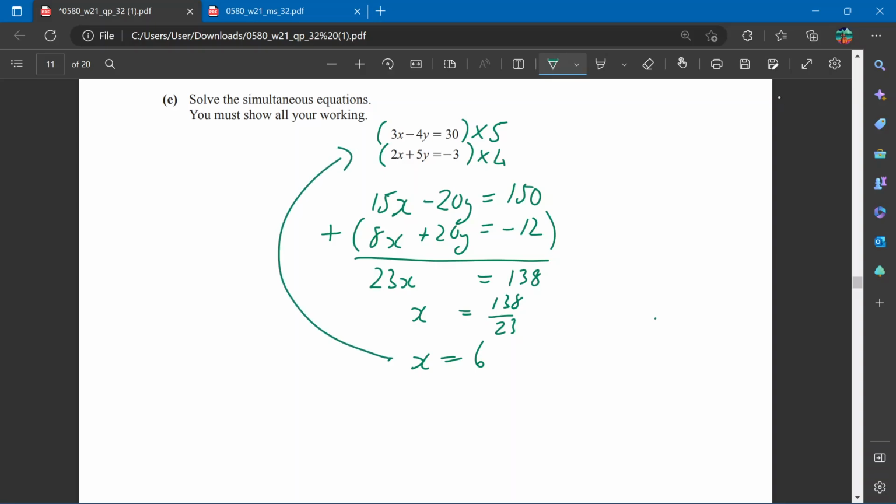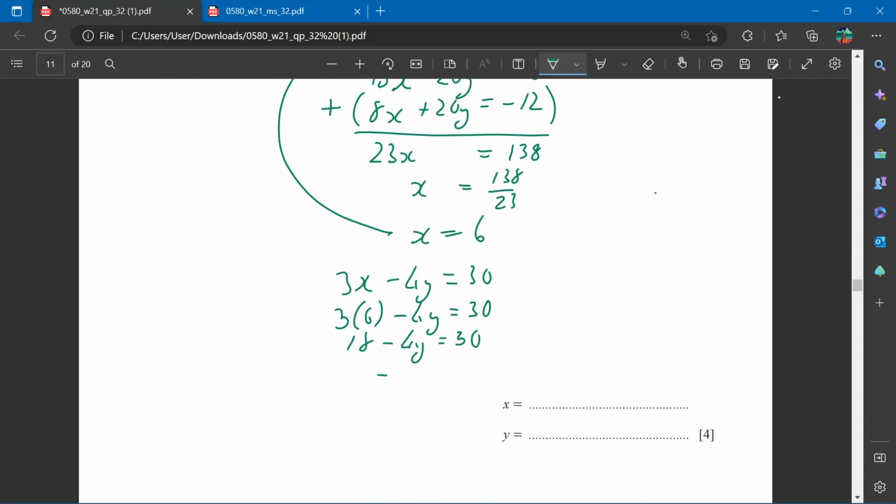Let's do the first one again. So instead of having 3x minus 4y equals 30, we put the 6 where the x is. That will give us 18 minus 4y.